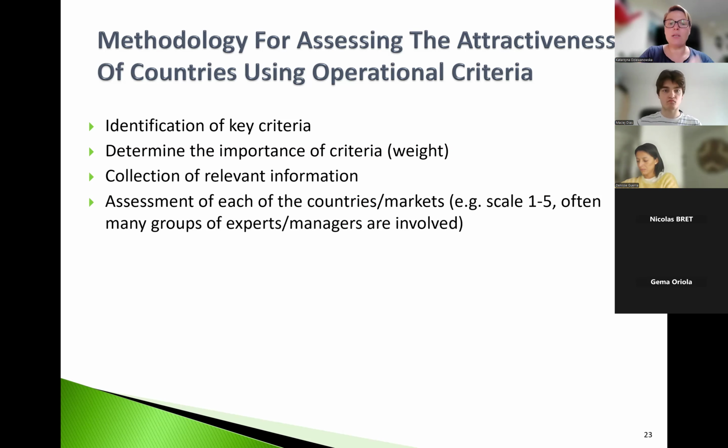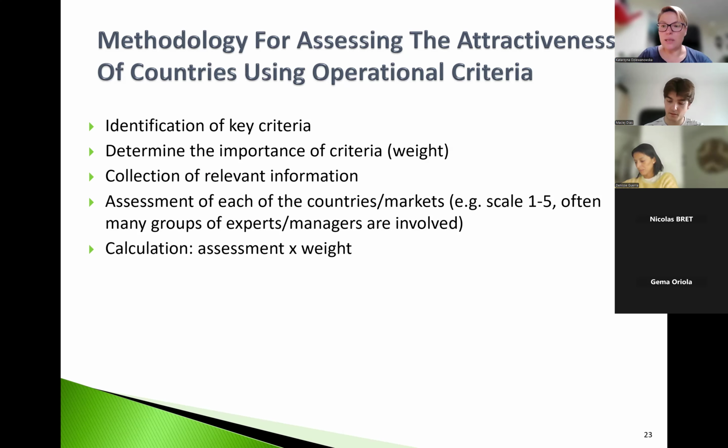I collect the information, then I assess each of the countries in terms of that criterion. So the country that has the biggest demand for chocolate, the biggest chocolate consumption, gets 5. The country that has the lowest gets number 1, right? So there's a ranking. You put these countries in a ranking, and then you multiply assessment times weight.